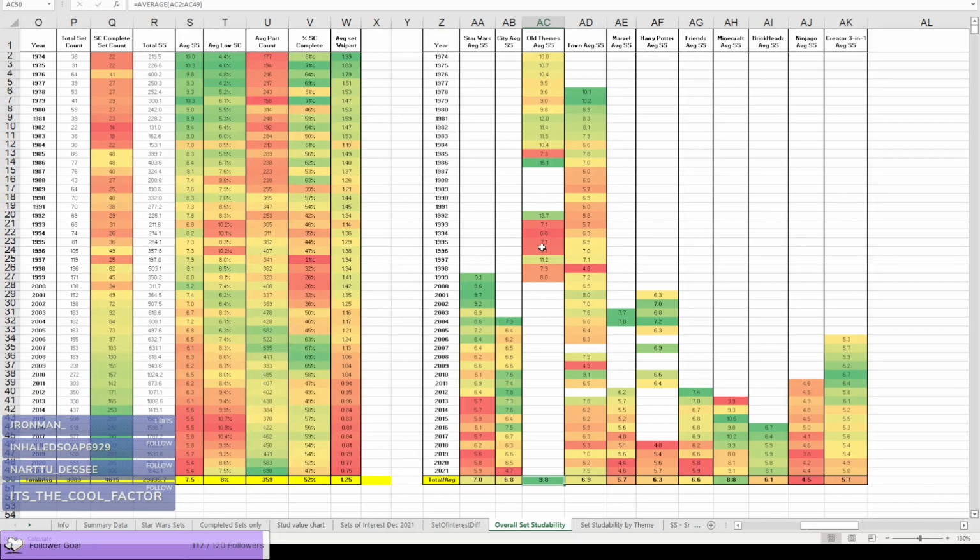And there's nothing to say that Lego is stealing money from us or anything like that. It's just saying the number of studs has changed over the decades, and this is just revealing that. This is showing that there's a very clear trend.